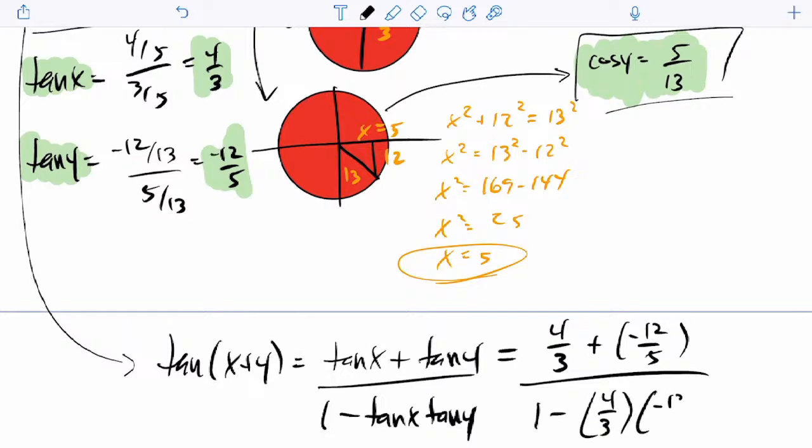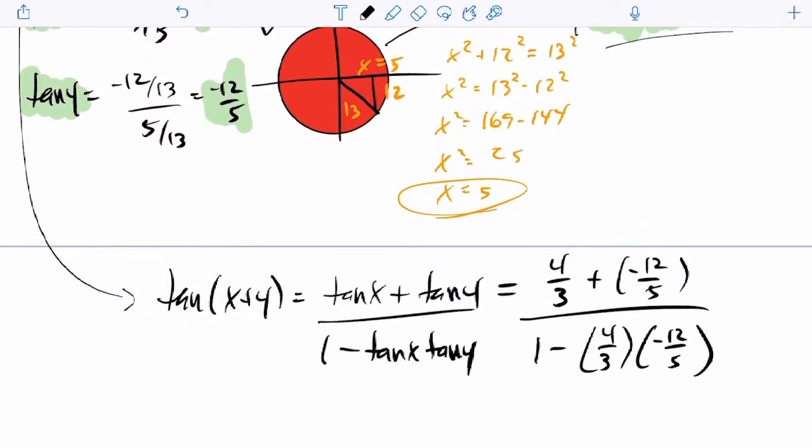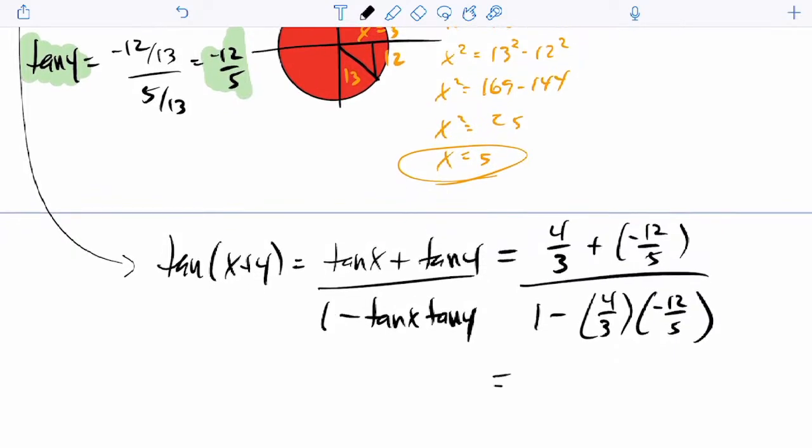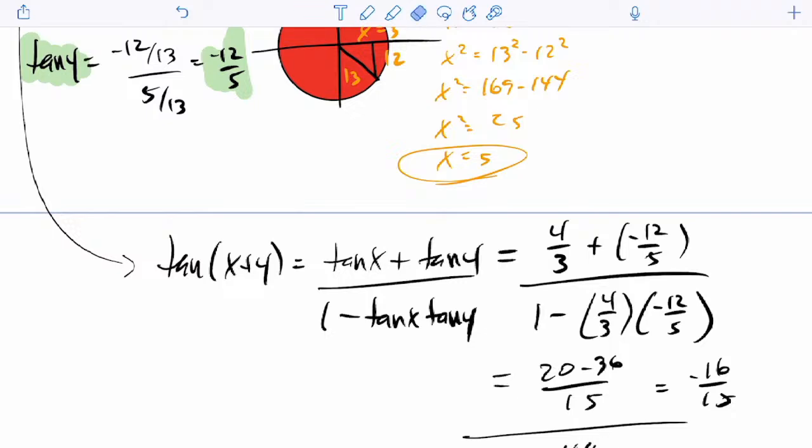Are you following, Emre? So this ends up being 20 minus 36 over 15 divided by 1 plus 48 over 15, which is 63 over 15.